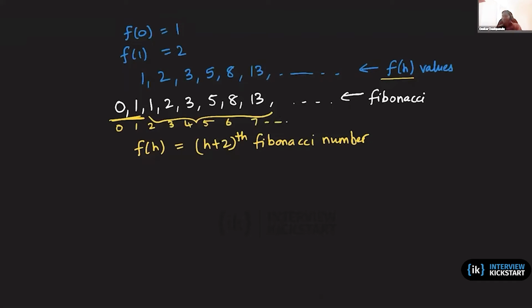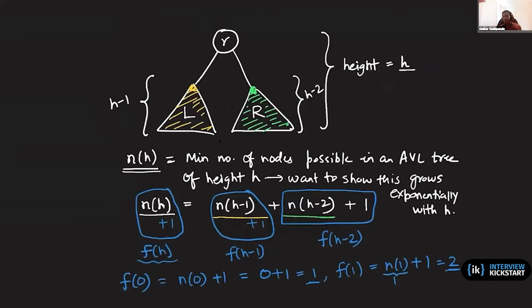So again, the exact expression doesn't matter. All that matters is that f of h is somewhere around the hth Fibonacci number, right? Whether it's h plus 1, h plus 2, that's not the main point. Our f sequence is growing exactly like the Fibonacci sequence.